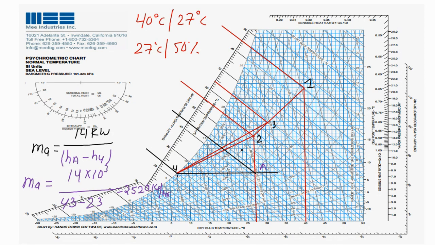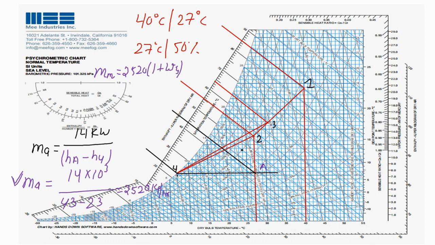So the sensible heat gain is this much. This is the ma. Now what is the mass of moisture? The mass of moisture is ma, that is, 2520 multiplied by 1 plus w or of s. What is the specific humidity at this point?